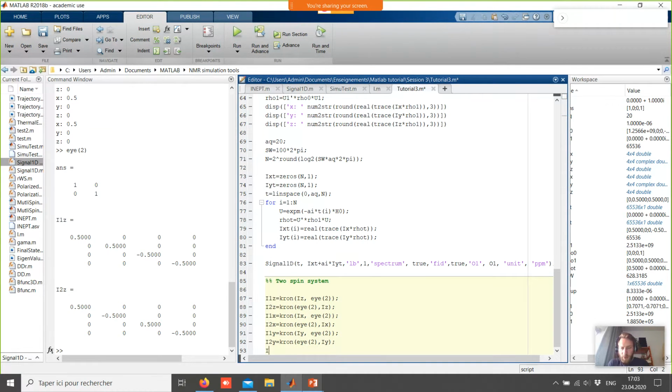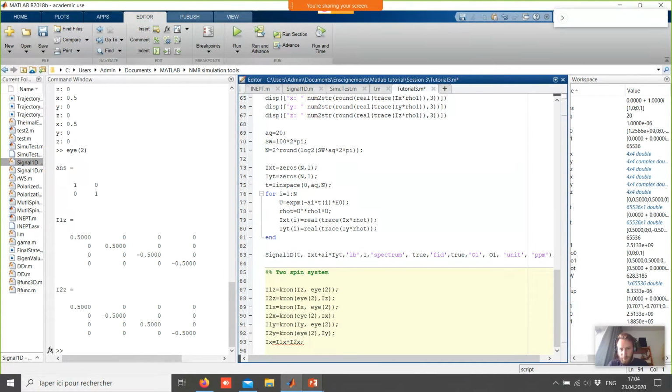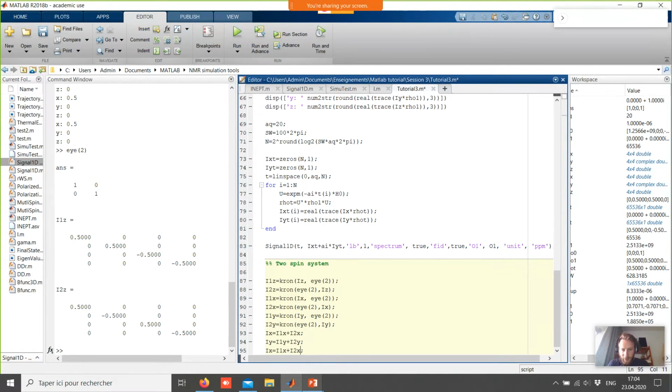And I also want to define the total angular momentum operator, which is I1x plus I2x. Same thing for IY and for IZ. I run the code, so they are now defined in my workspace.